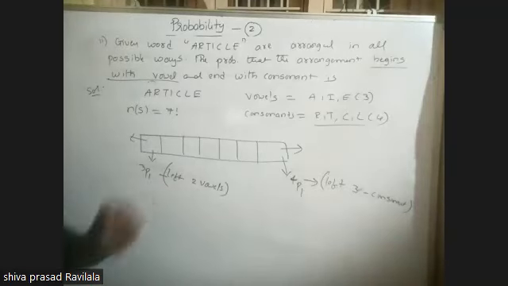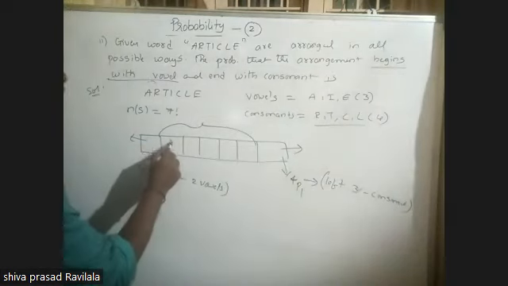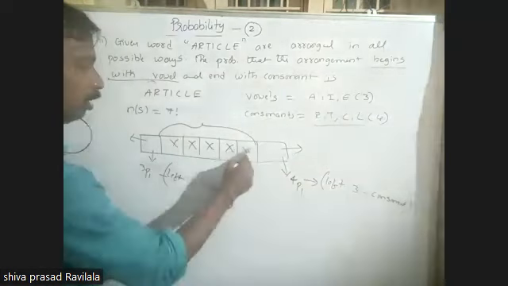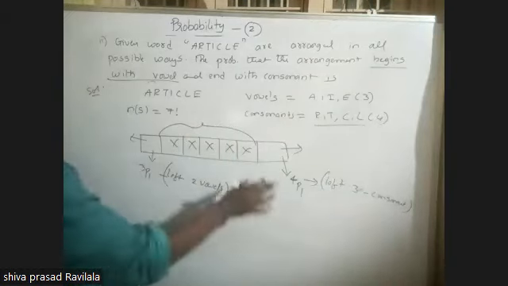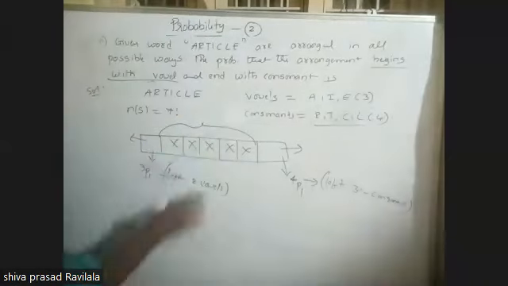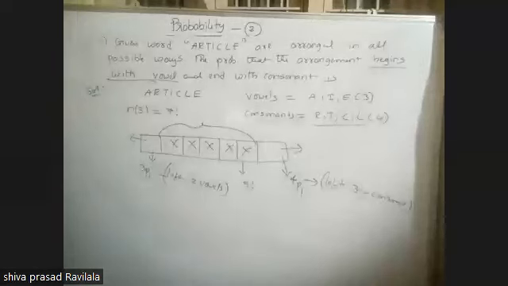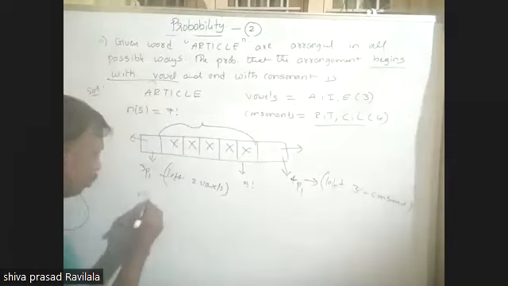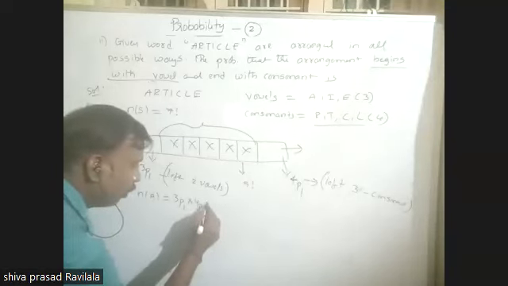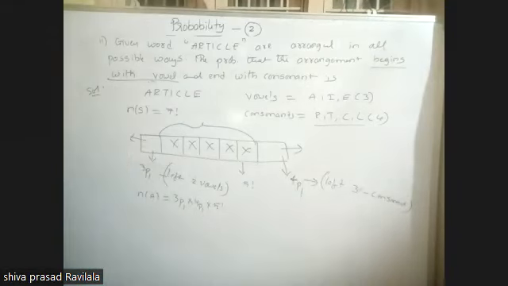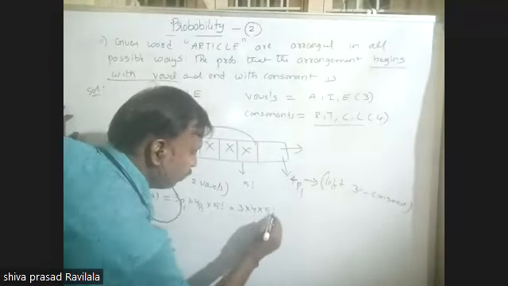These 2 plus 3 can be arranged in the remaining 5 boxes. There is no condition on these 5 boxes. These 2 letters and these 3 letters, 2 plus 3, 5, can be arranged in 5 boxes in 5 factorial ways. Therefore, n(A) is equal to 3P1 into 4P1 into 5 factorial, that is 3 into 4 into 5 factorial.